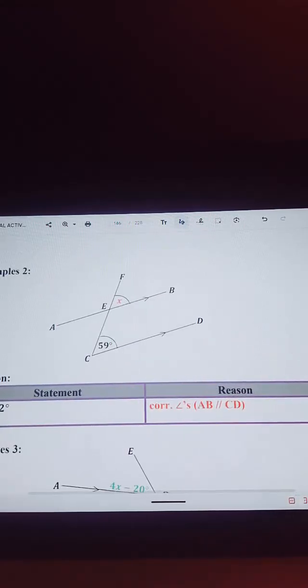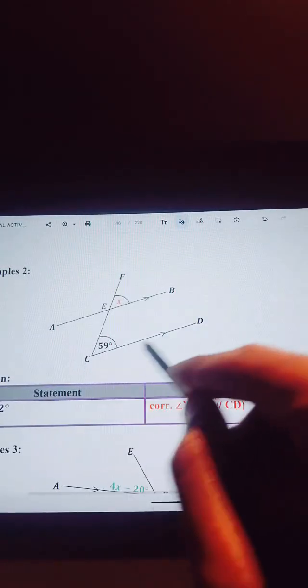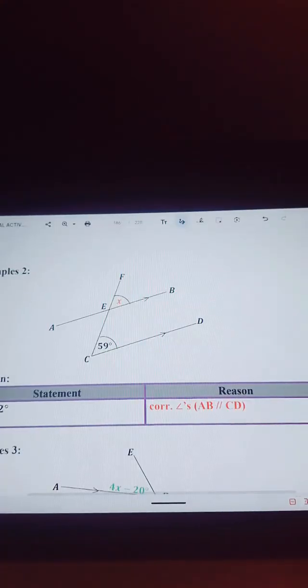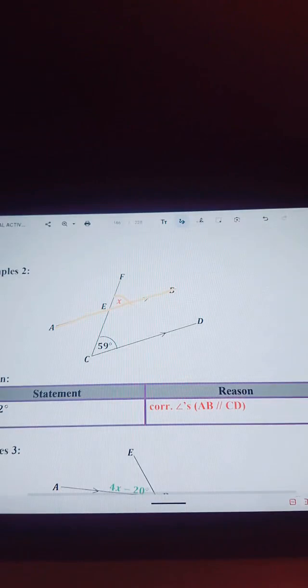Look at the diagram. We have a transversal FC. We have AB, a parallel line, and CD, a parallel line. Indicated on the sketch is X, which is on top of the parallel line AB.